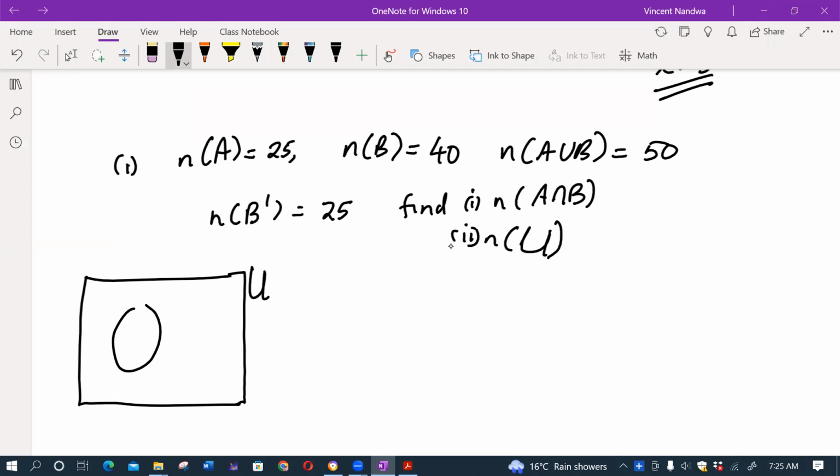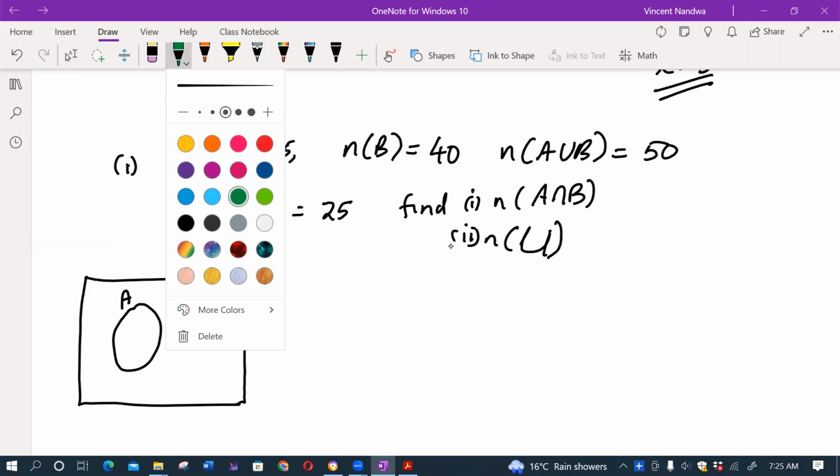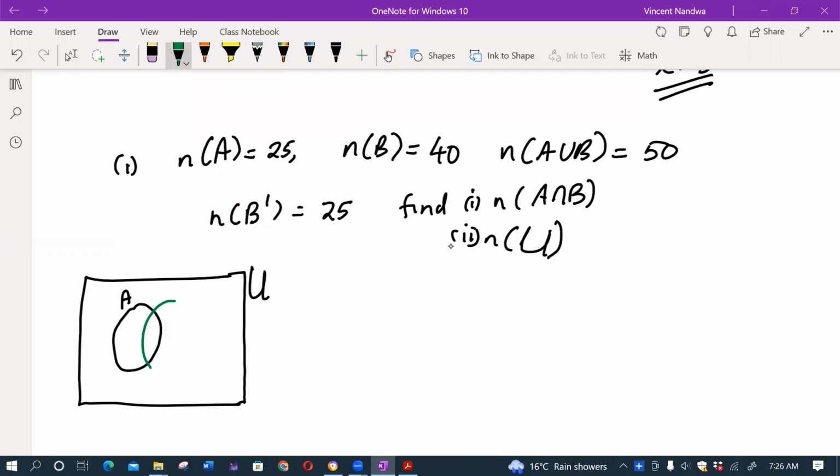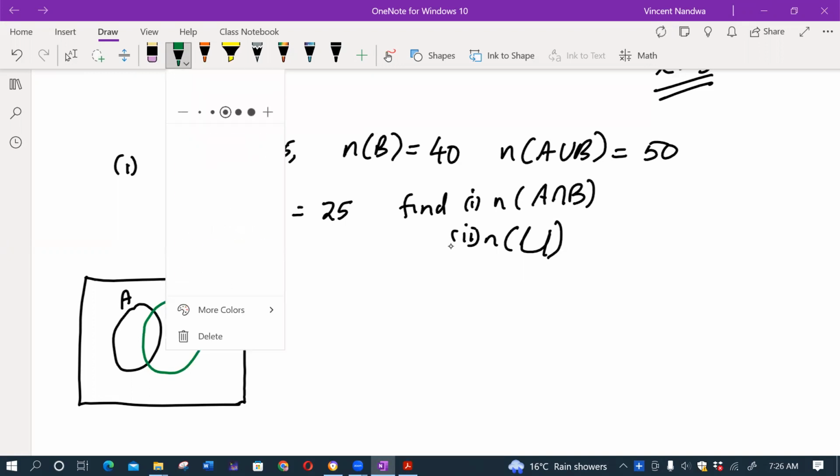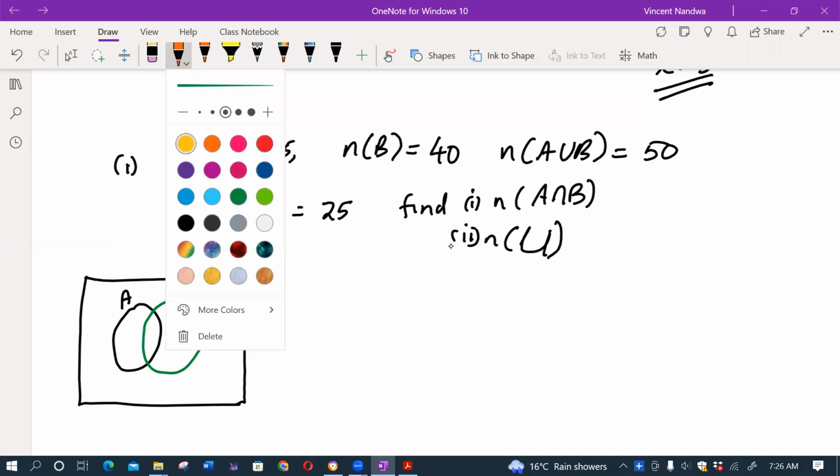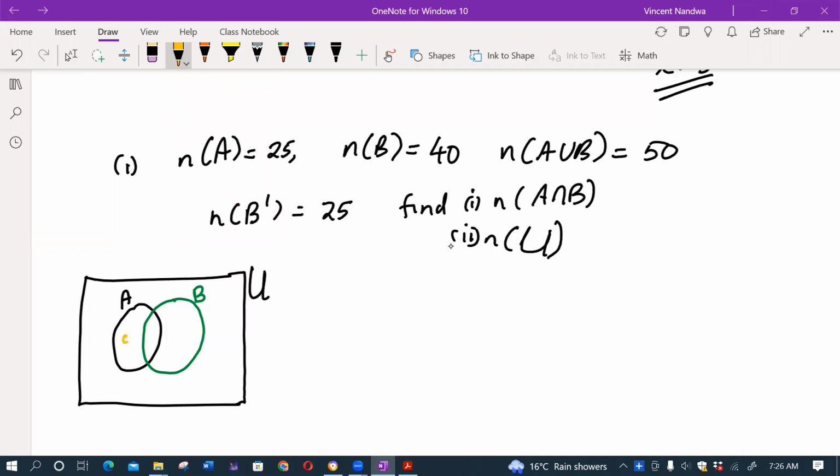This is set A, and let's have set B. If you partition this by A, B, C, and D, then this question means that cardinality of A, which is the black circle, is 25. So black circle is A plus B. So A plus B is 25.